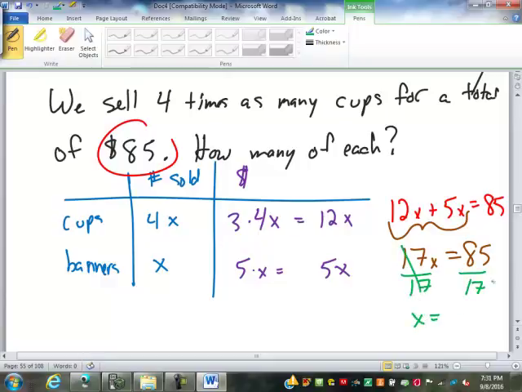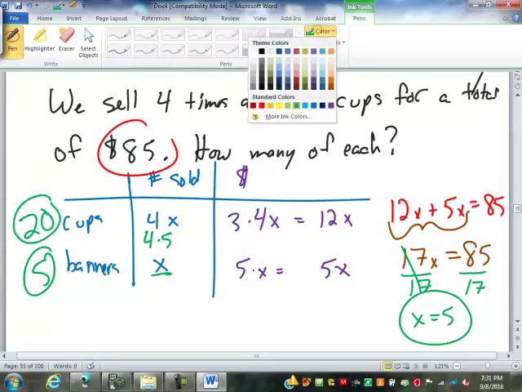X is 5. Are we done? No, we have to answer the question. X represents the number of banners. So there are 5 banners sold. How do we find the cups? 4 times the 5, which is 20 cups.